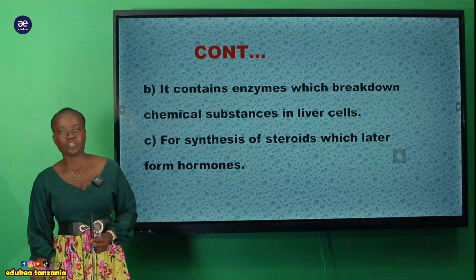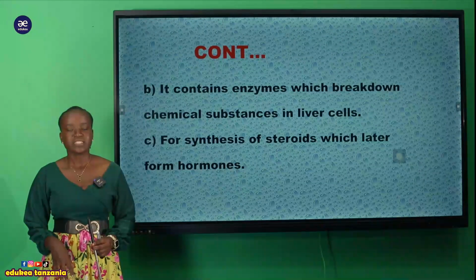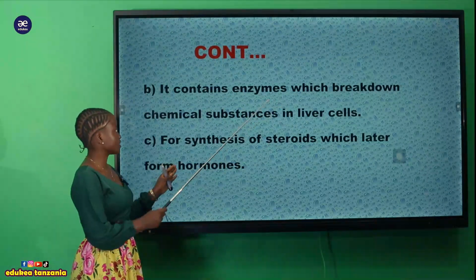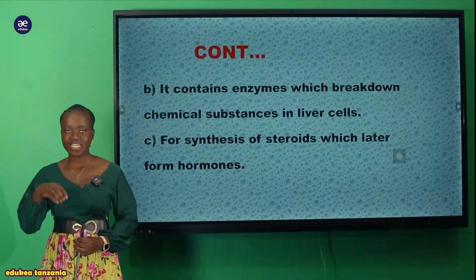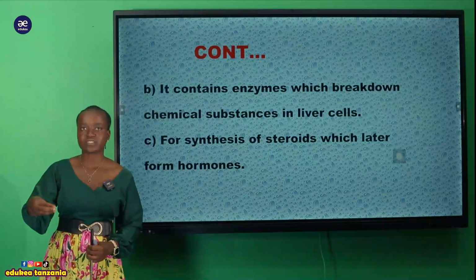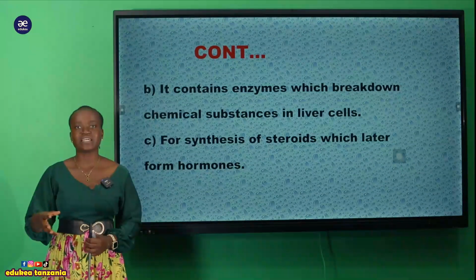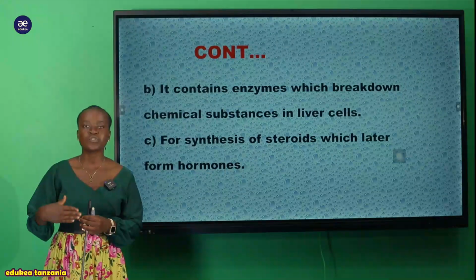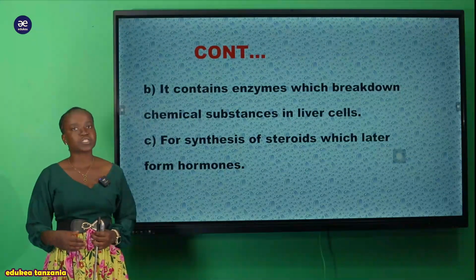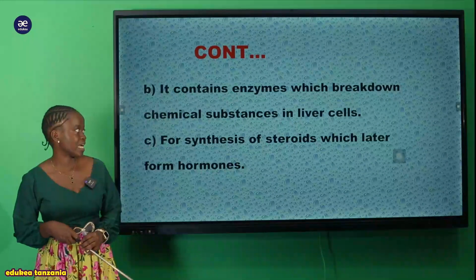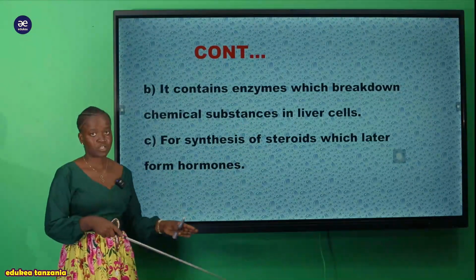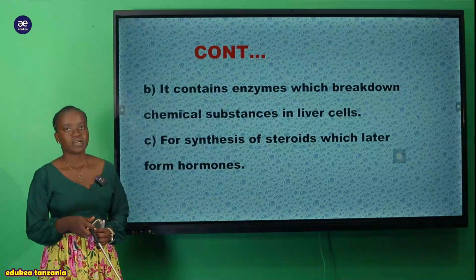So what is its function within the liver? It is responsible for breaking down chemical substances. Why? Because within it there is a presence of enzymes. And enzymes inafanya kazi ya kuvunja zile chemical zote ambazo an organism ameziteki in. So that becomes the function of the smooth endoplasmic reticulum.